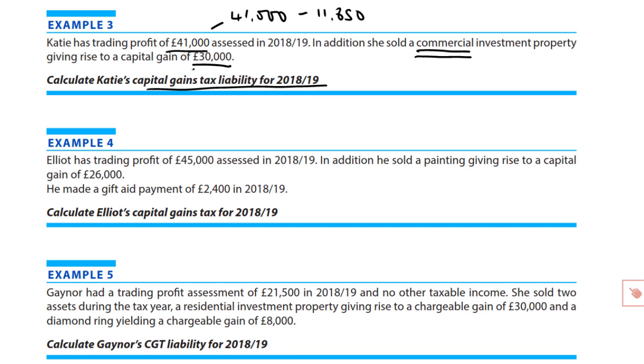We've then got, given the figure of gain, we need to work out the taxable gain. So from that capital gain, here 30,000, we deduct our available AEA of 11,700, and that's going to leave us with, what, £18,300 as our taxable gain.